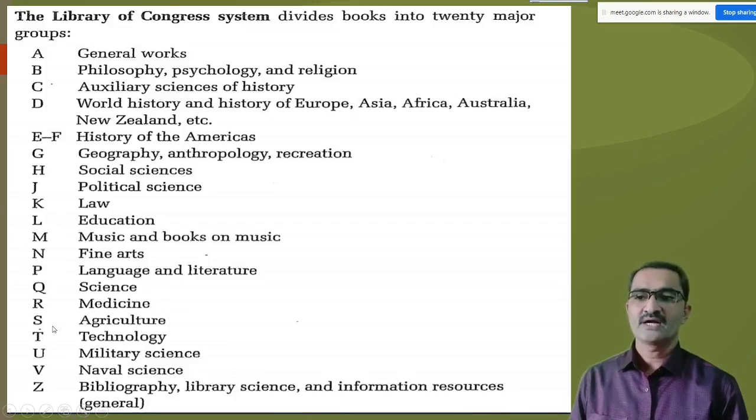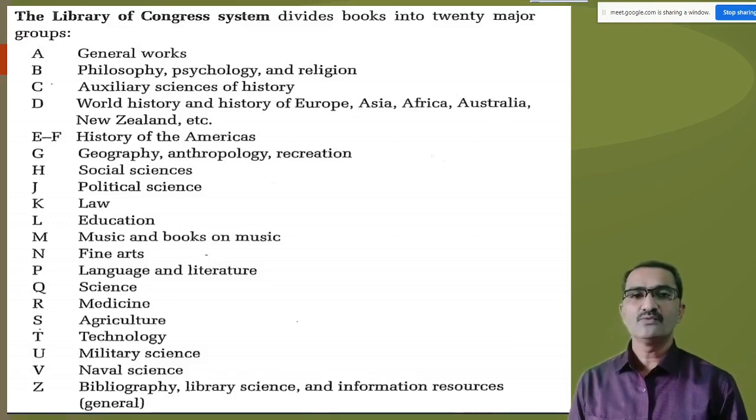P, Q, R, S, T, U, V, W, X, Y is also dropped, and then Z is used. Okay, so how they have classified it, you can see A actually refers to the general works. Means if you go to the A section, you will see that general works will be placed in that particular section.